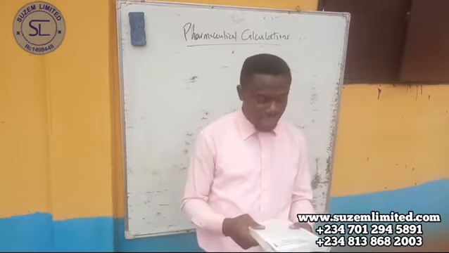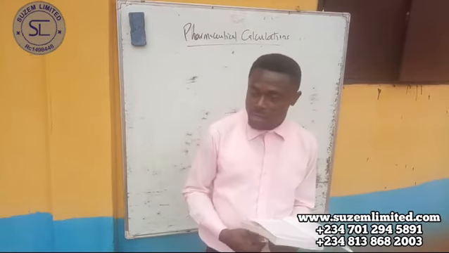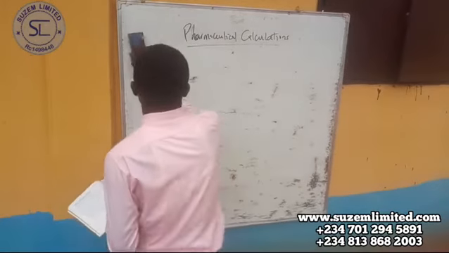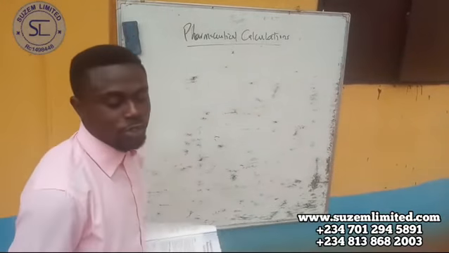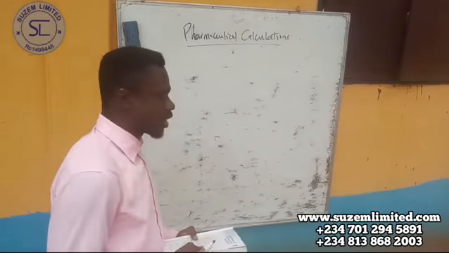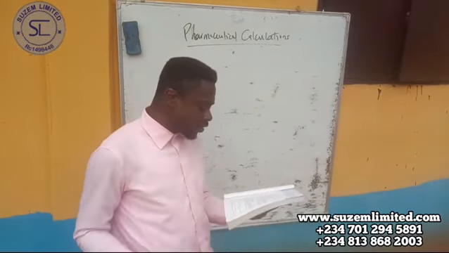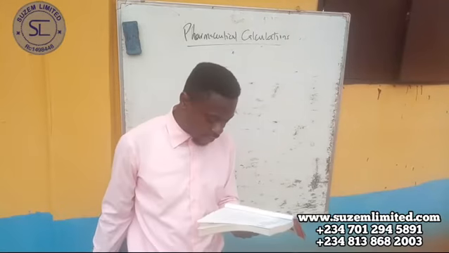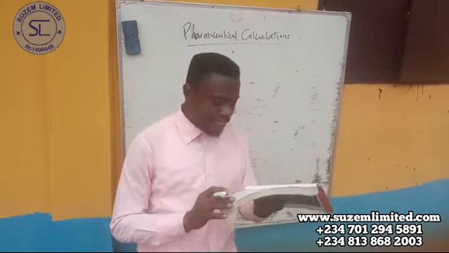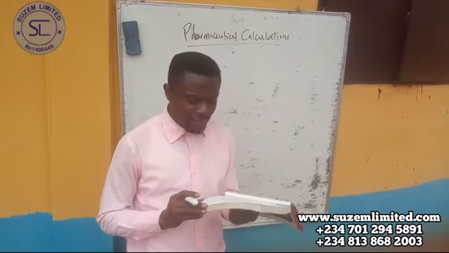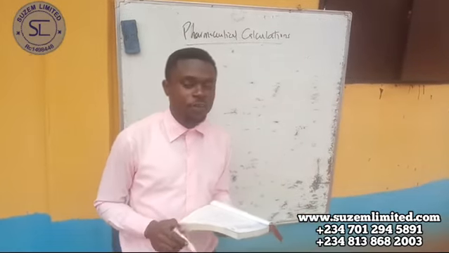They have some real life scenarios here that will help us to appreciate the applications of fractions and percentage in what? Pharmaceutical calculation. Now let's look at this. There's a question here. If the adult dose of a medication is 2 teaspoonfuls, calculate the dose for a child if it is 1/4 of the what?